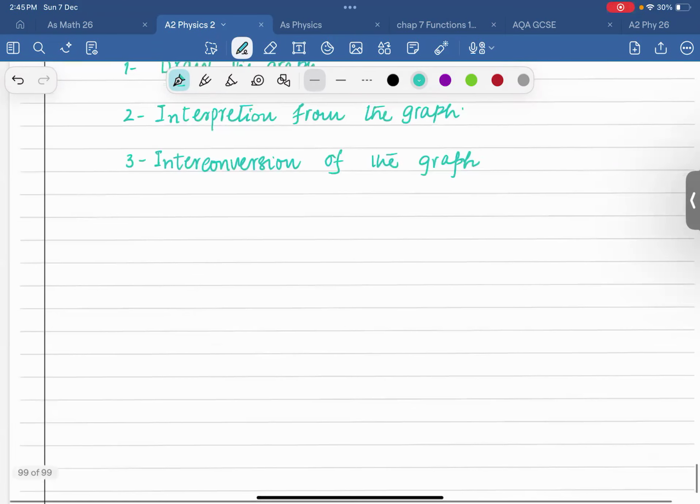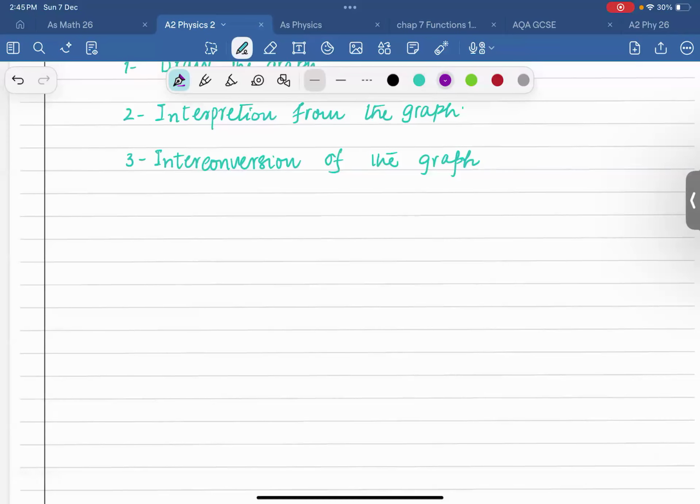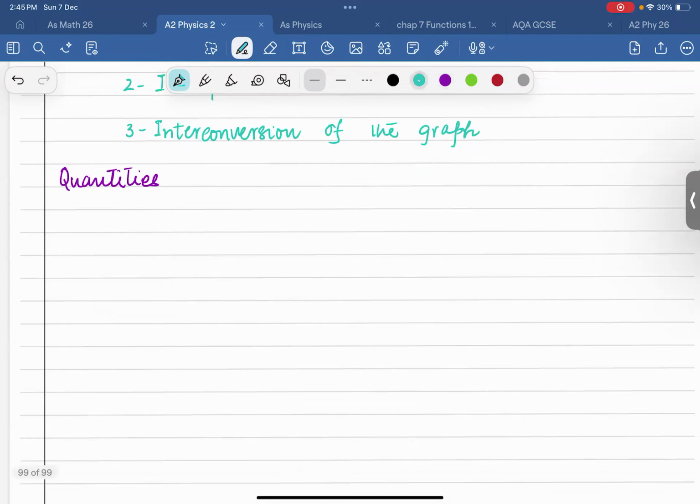Okay, so the quantities can be current, and basically the current in the coil of the electromagnet.